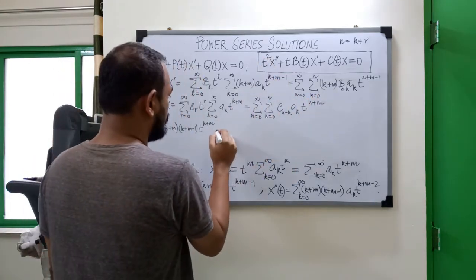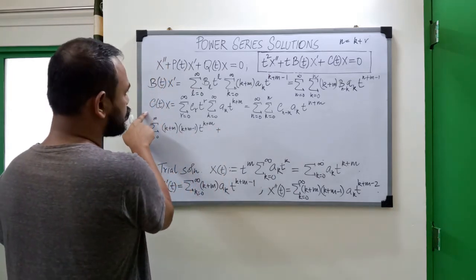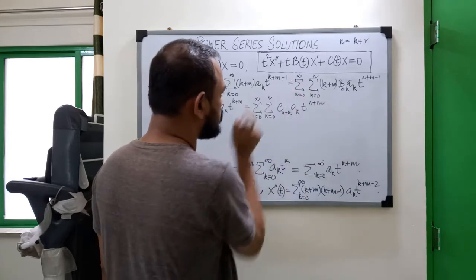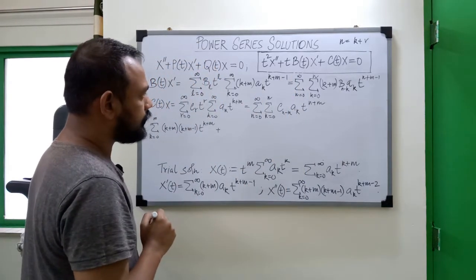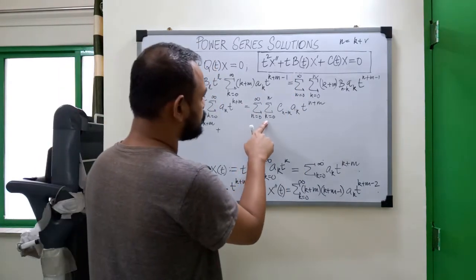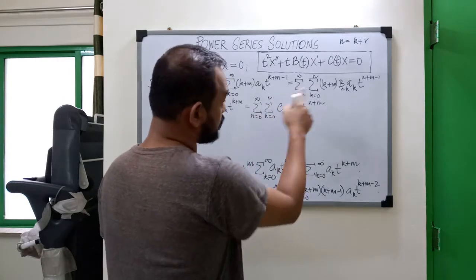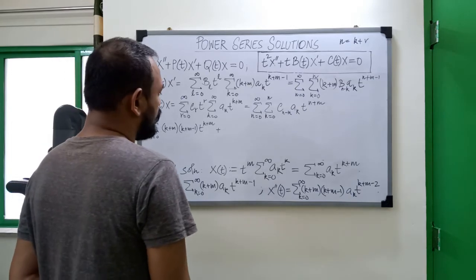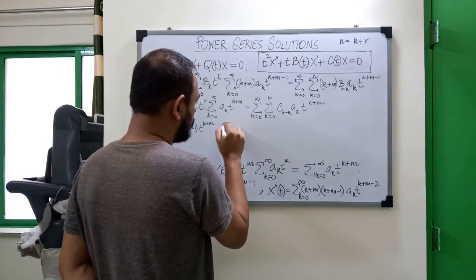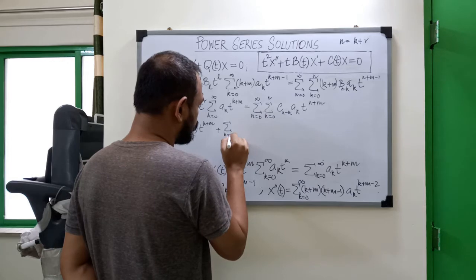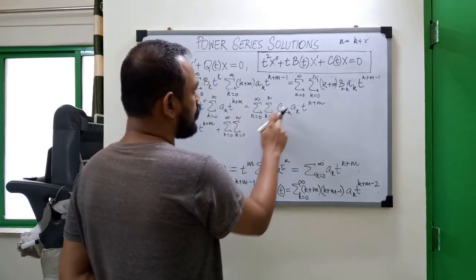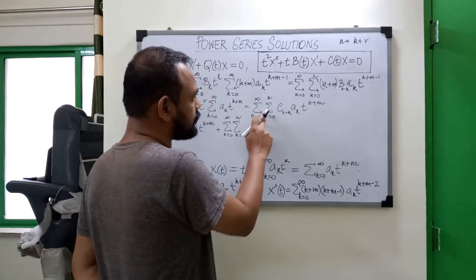If you add these two terms, you will have this summation n from 0 to infinity as a common term, and also k from 0 to n as a common summation. These two are common, and that's why we have used the same indices.